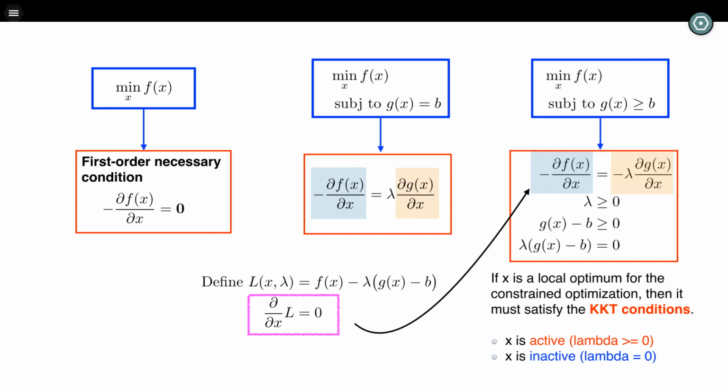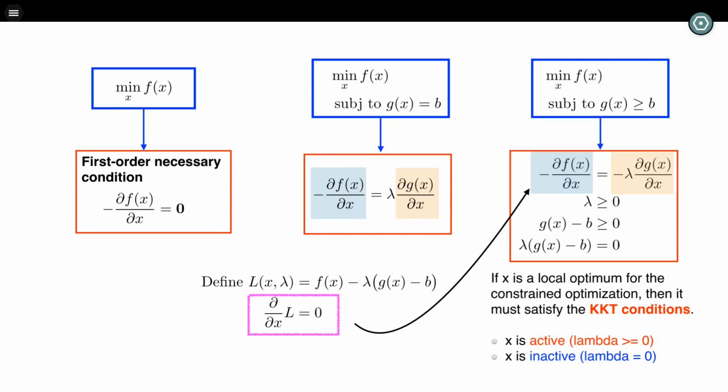If I move a small step along the negative of the gradient, I should be able to decrease the value of f, right? But because locally you are minimal, there's no way you can take that step. That means that direction should be the zero direction. So this is the rationale for this condition. When we try to optimize a function, we always look at the derivative and set it to 0.